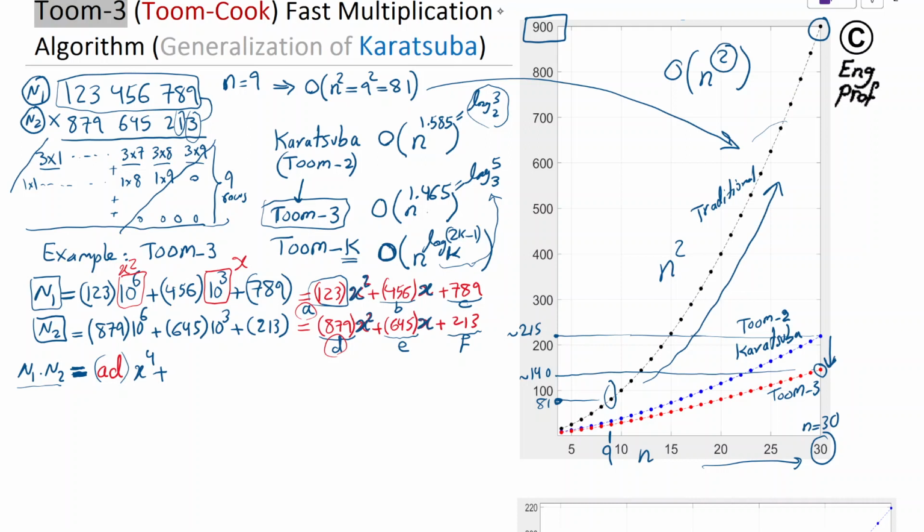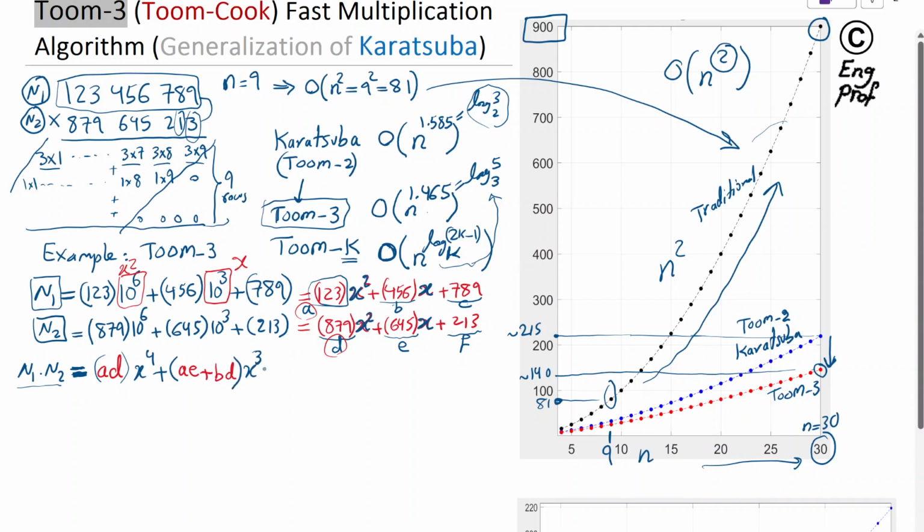Alright, the next one that I get here is A times E x to the 3 plus D times B x to the 3. So I get A times E plus B times D, doesn't matter. These are the only ones that can generate x to the power 3, or they are the coefficients of x to the power 3.